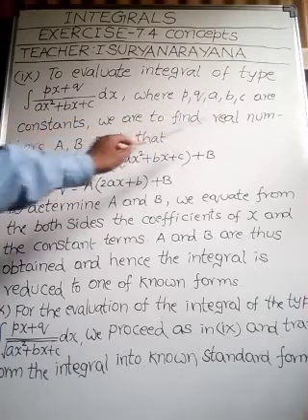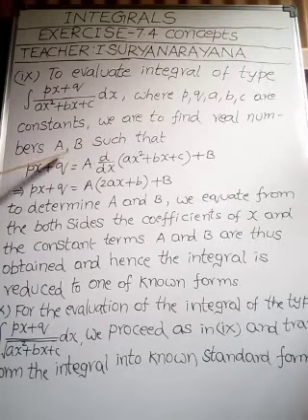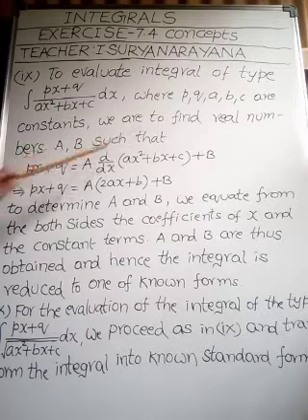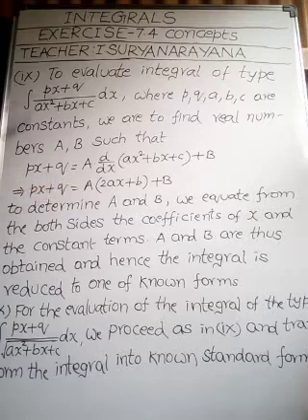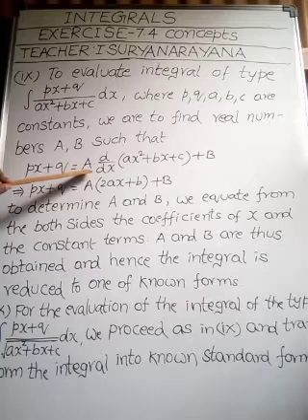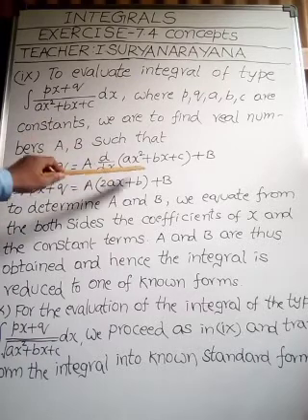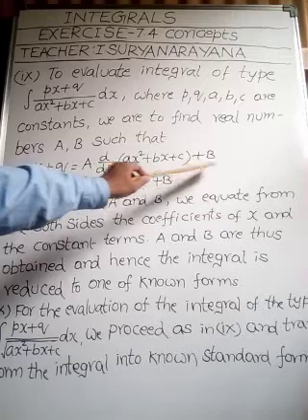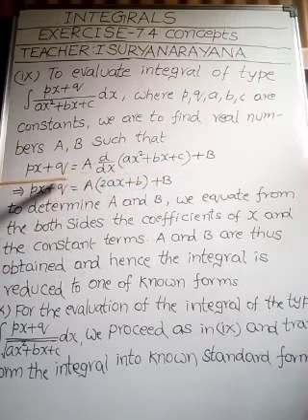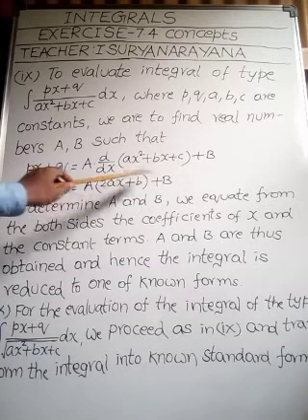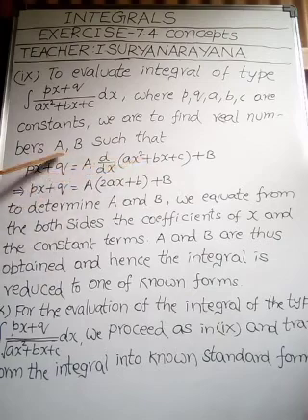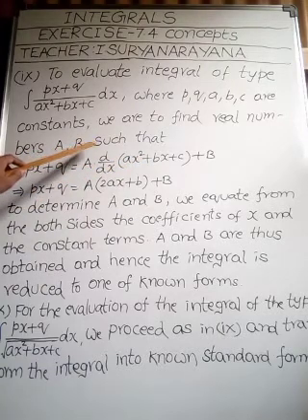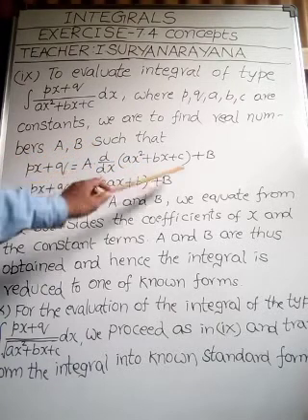We are to find real numbers, capital A and capital B, such that px plus q, the numerator linear expression in x, is equal to capital A into d by dx of this quadratic expression plus capital B. We have to write this equation. They don't give this equation. We have to find the values of capital A and capital B by writing it.